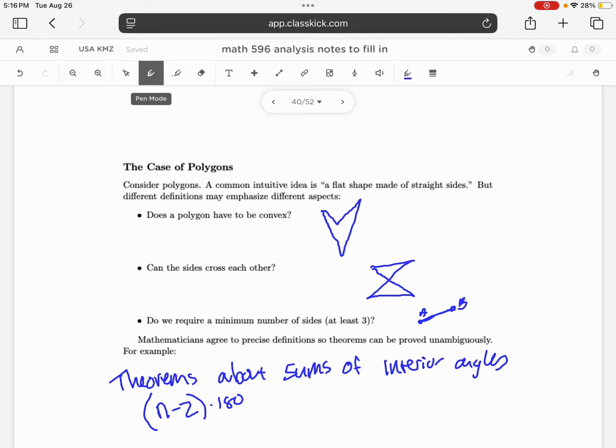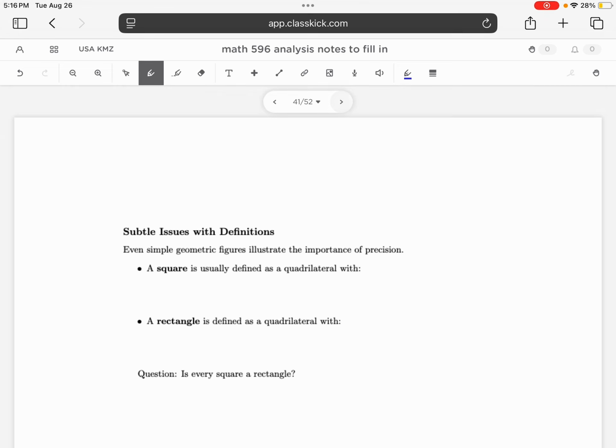But this requires that polygons have non-intersecting sides. So if we want to make sure that we are describing a shape that has a certain property like this, we need to make sure that our definition doesn't allow for any funny business like intersecting sides.